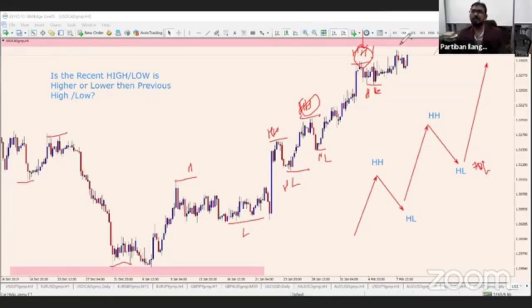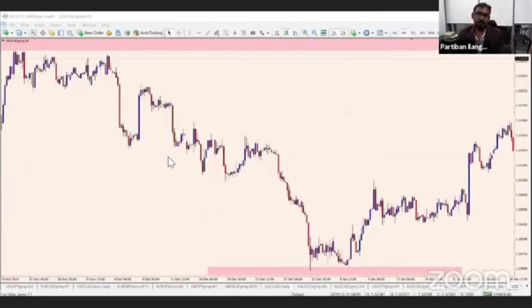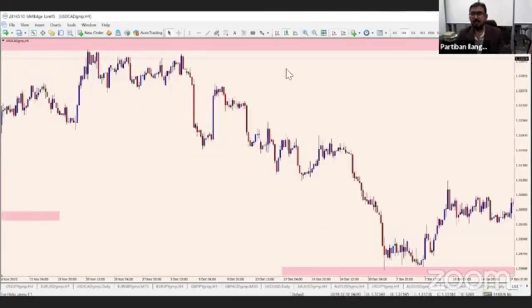Now I'm going to jump into the downtrend so that you'll see both examples together. This is a good downtrend where the market has created a new low, high, low, high, low, high, low, and high.